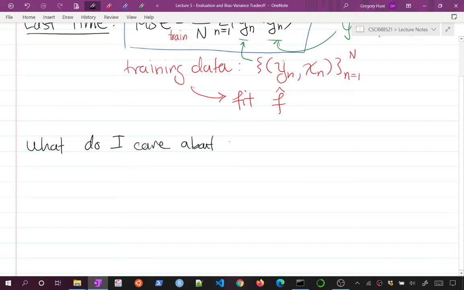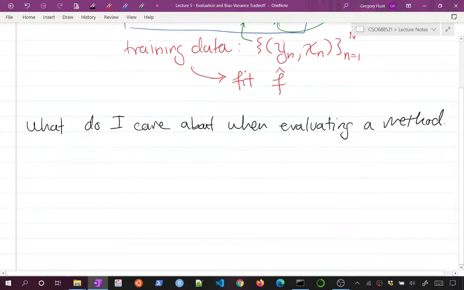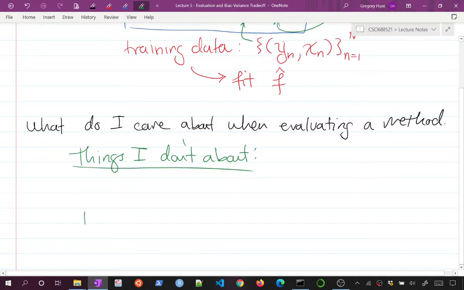So let's write that down. When evaluating a method, let's make a list here: things I don't care about, and things I care about.